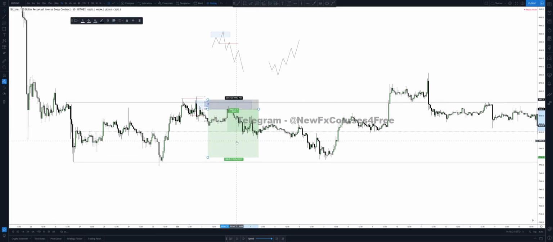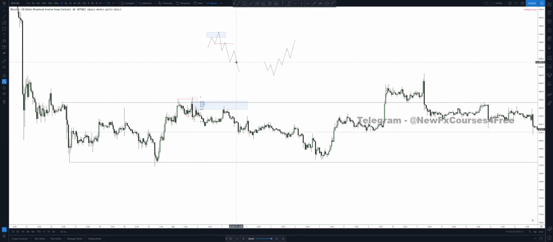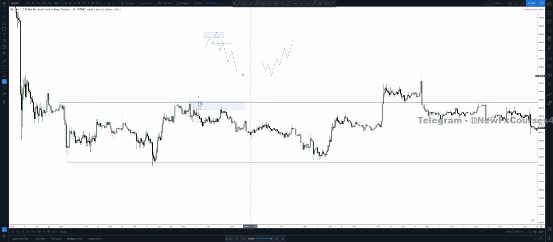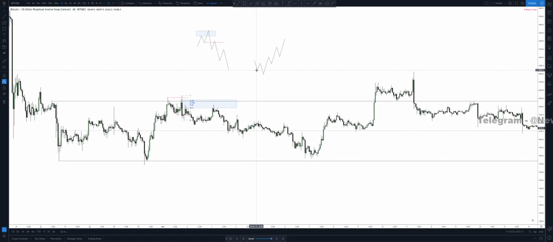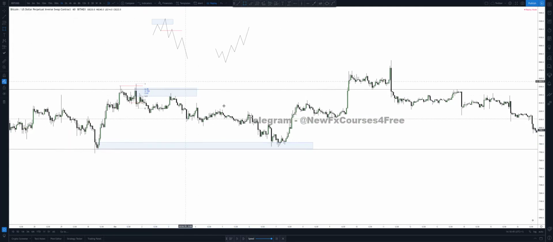Now for a long scenario, we want to see something similar, but basically the exact inverse. I want to see a low being formed, followed by a sweep of that low and a break in structure. Then we want to be entering a long. Let's say we want to enter a long right here, and we know price is stalling at this level.